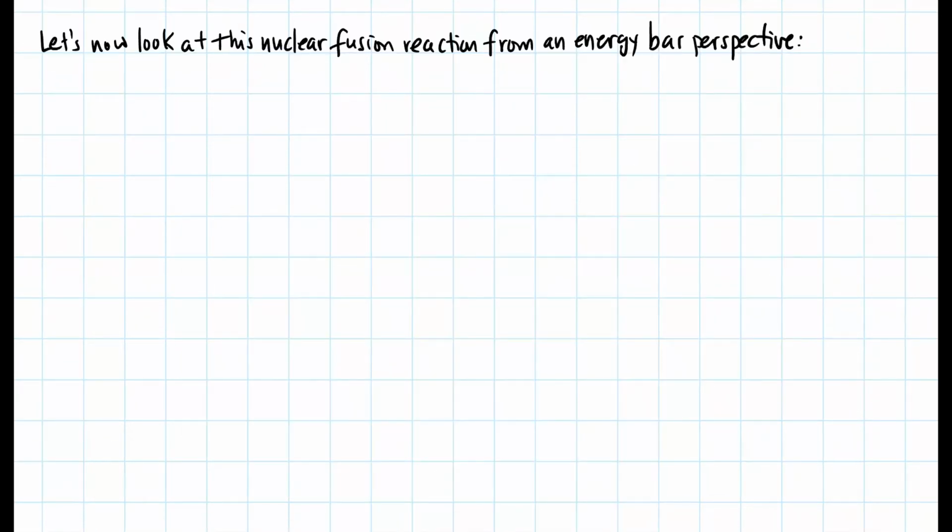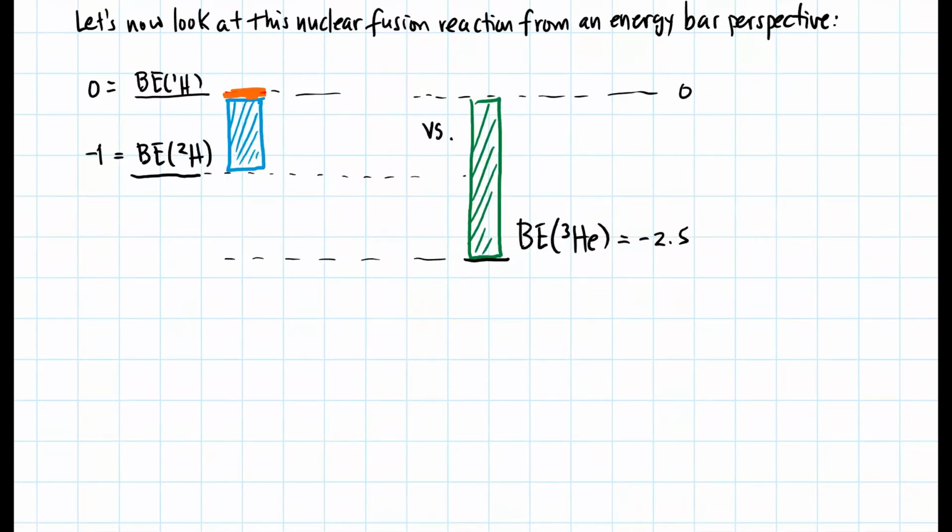Let's now look at this nuclear fusion reaction from an energy bar perspective. From the binding energy curve, we know that the binding energy of hydrogen, a single proton, is 0. There's only one nucleon. When I go to deuterium, hydrogen-2, there's a neutron and a proton that are bound together, and we saw from the graph that that was -1. And then we have the binding energy of helium-3, and off the graph it read -2.5.